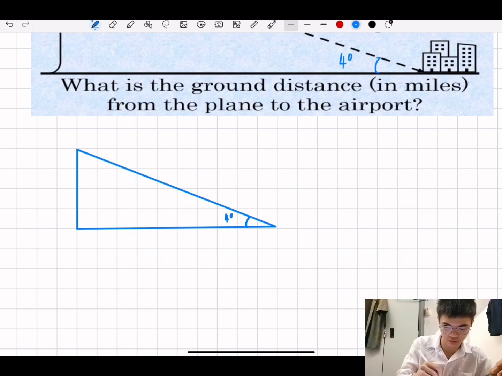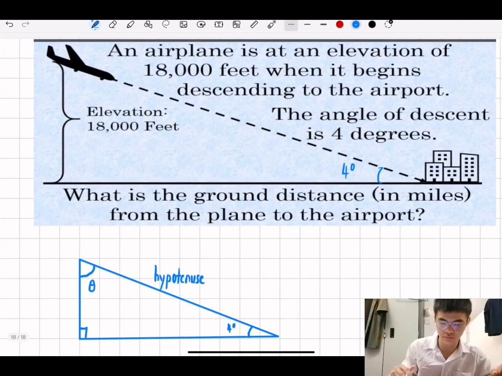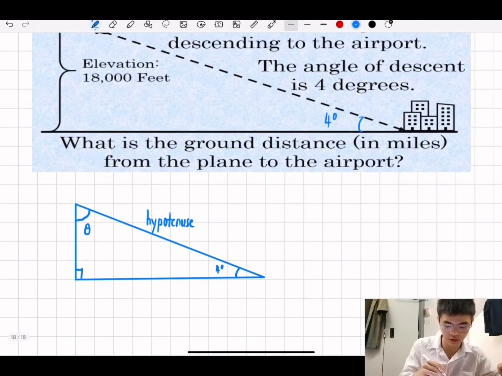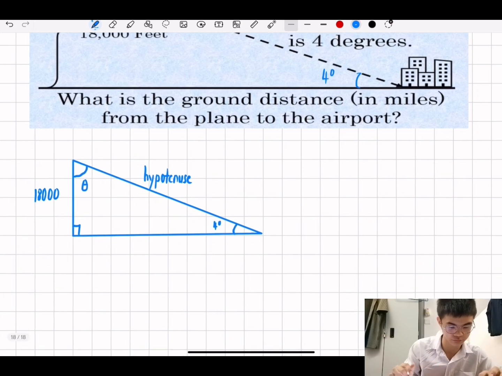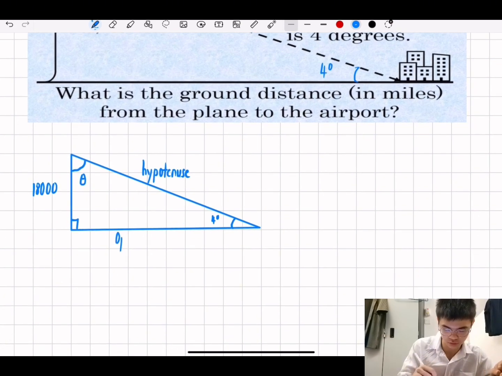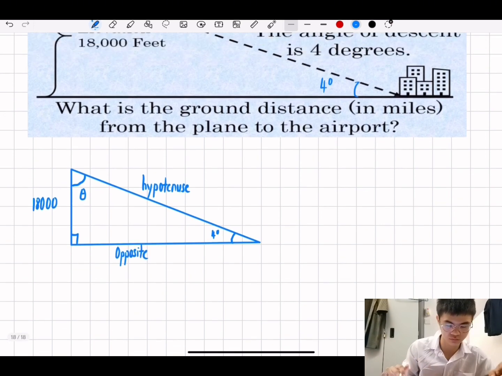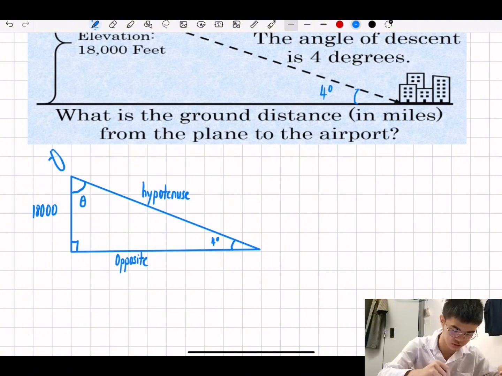So this is the hypotenuse, and we know that the 80 kilofeet is our adjacent, and this is our opposite. So this is the airplane.